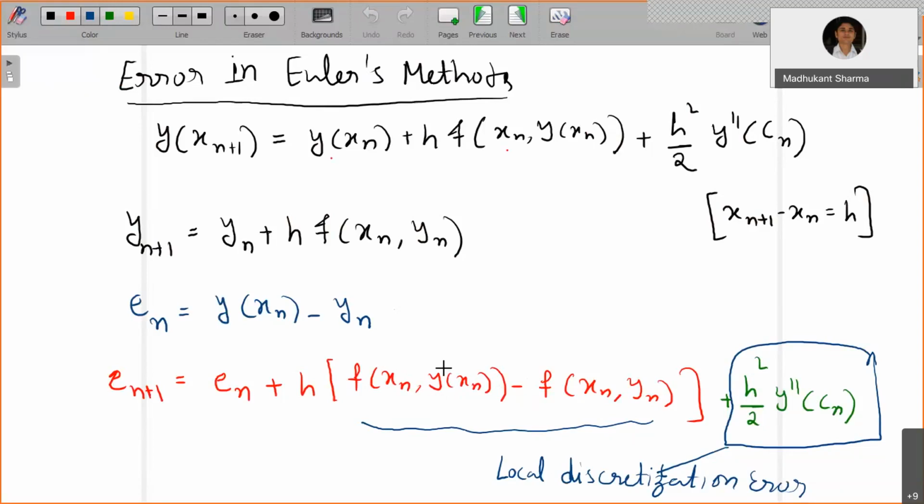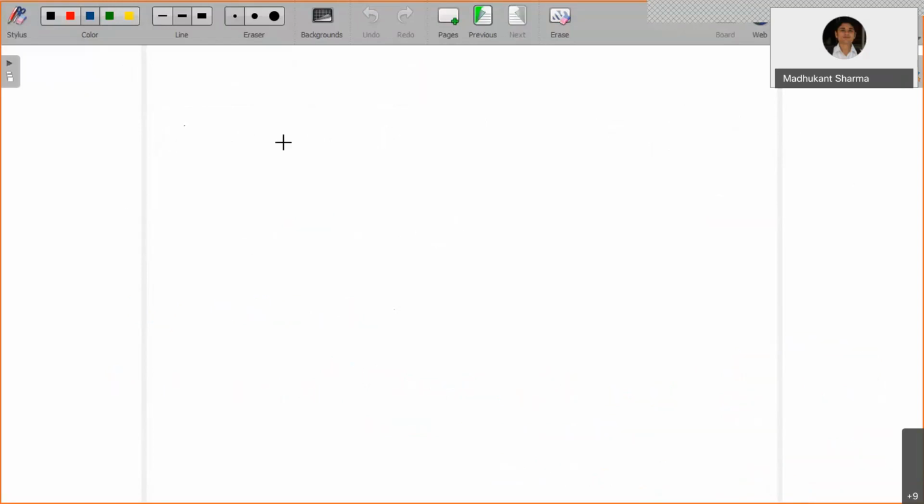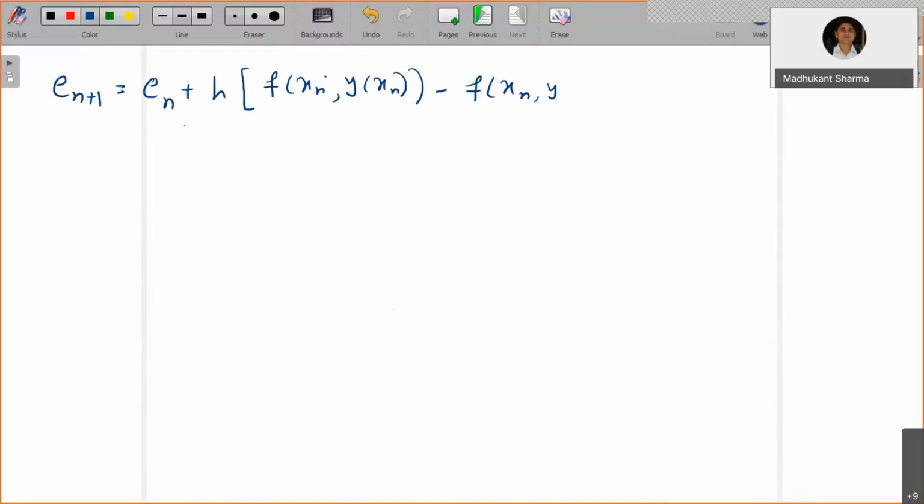So how will it help us? From the previous step we have e_{n+1} equals e_n plus h times f of x_n comma y(x_n) minus f at x_n comma y_n, plus h squared by 2 times the second derivative of y at c_n, where c_n lies between x_n and x_{n+1}.